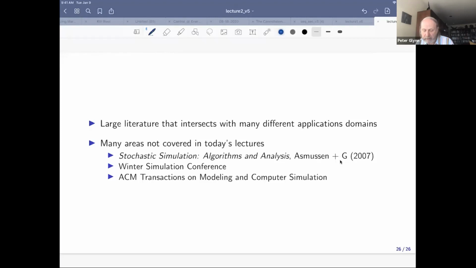Monte Carlo is applied in pretty much every area of engineering, every area of the sciences, even some areas of the social sciences, economics, etc. Different fields construct somewhat different methodologies depending on the class of models that they typically work with.